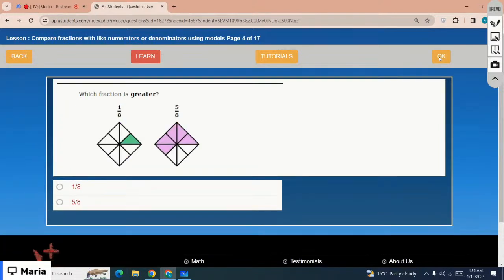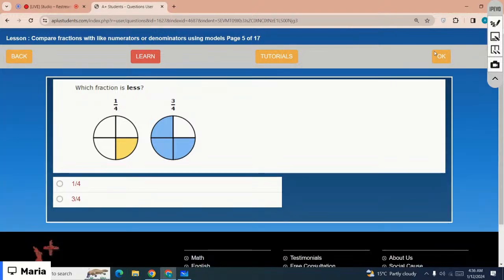Okay, the next one is which fraction is greater? 1 over 8, 5 over 8. Which is greater? The correct option is the greater one, you have to see, right? So obviously 5 by 8 is greater than 1 over 8. The correct one is 5 by 8.